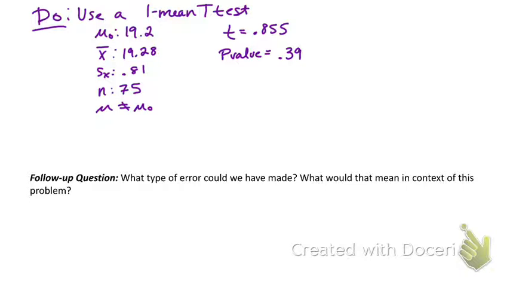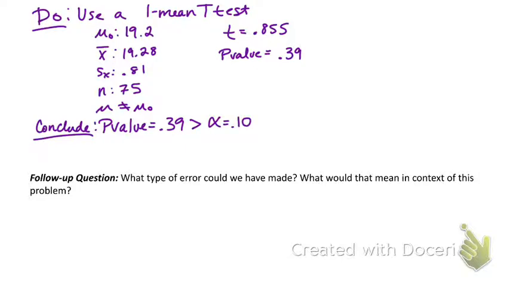All right? So, conclude. Okay, we are 95%. No, you don't do that. I hope you didn't write that. We are talking about the p-value, which is 0.39. How is that related to the alpha? It's greater than the alpha value of 0.1.